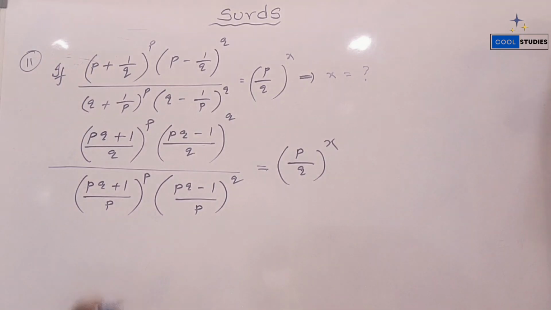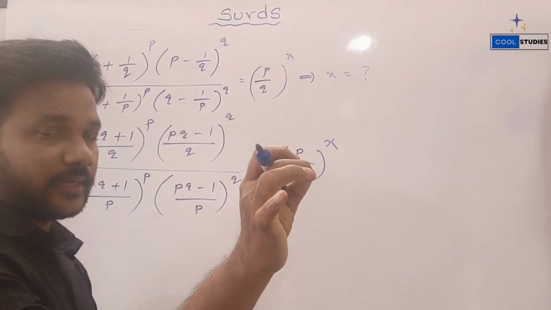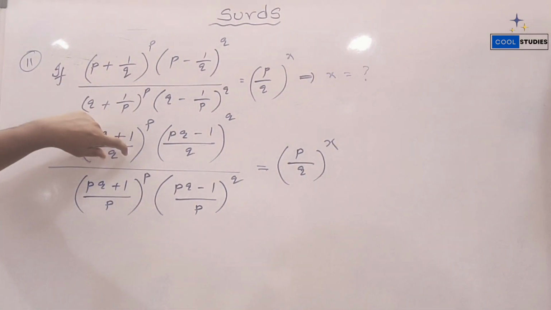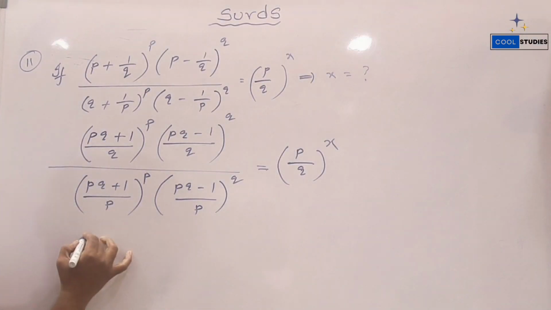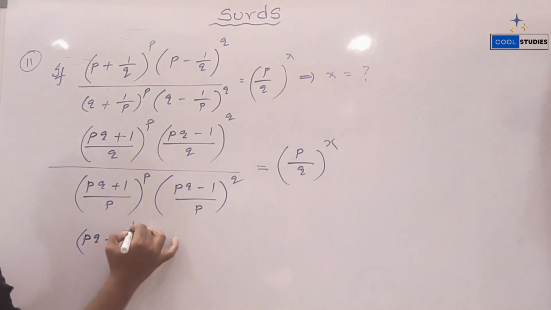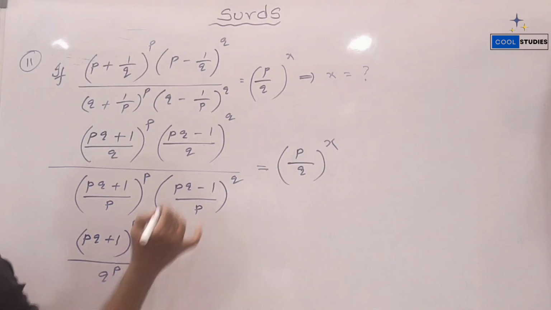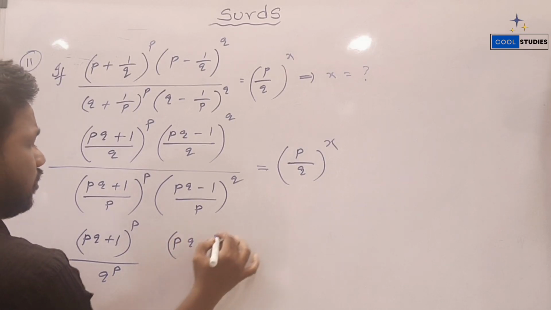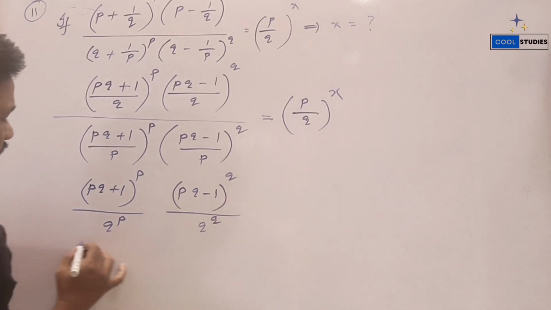Okay, now apply the powers to each numerator and denominator. If we apply here, what do we get? (pq plus 1) whole to the power p by q power p. In the next term, (pq minus 1) whole power q by q power q.